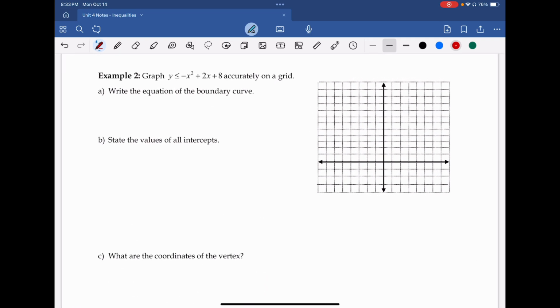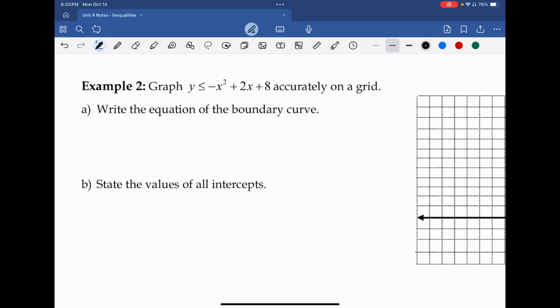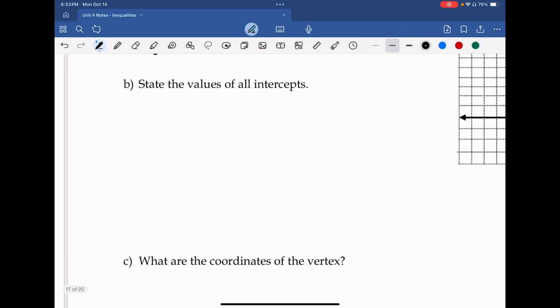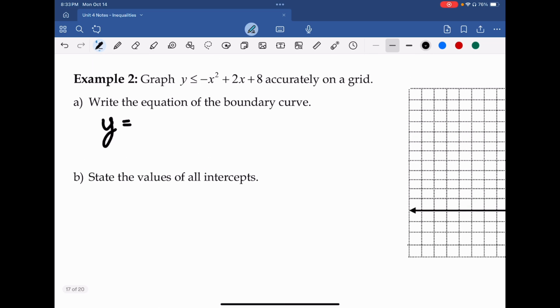Here's the following situation. We want to graph the inequality on the grid below. Now, to graph the inequality on the grid below, first of all, we want to write an equation for this before we graph it. So if I wanted to write an equation that I could type into my graphing calculator, I'm just going to take this y is less than or equal to this quadratic of negative x squared plus 2x plus 8, and I'm just going to set it as y is equal to negative x squared plus 2x and then plus 8.